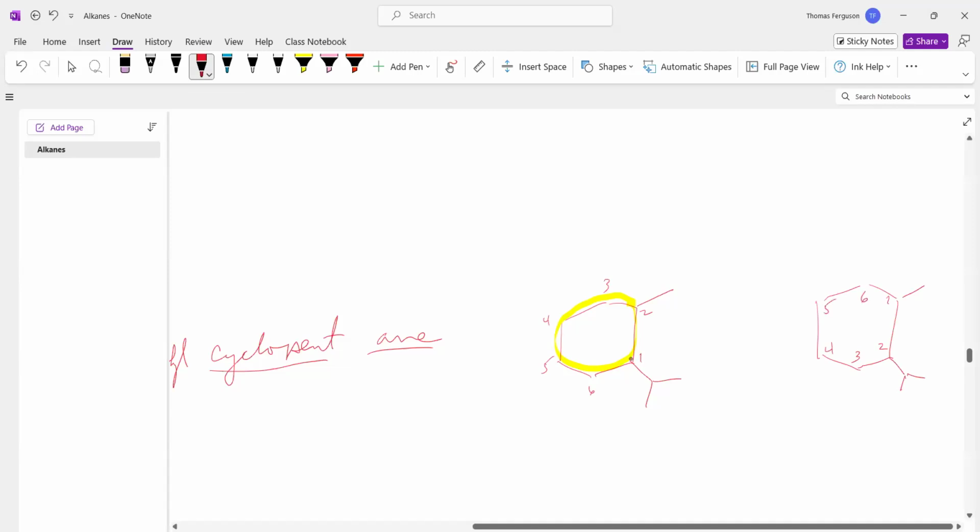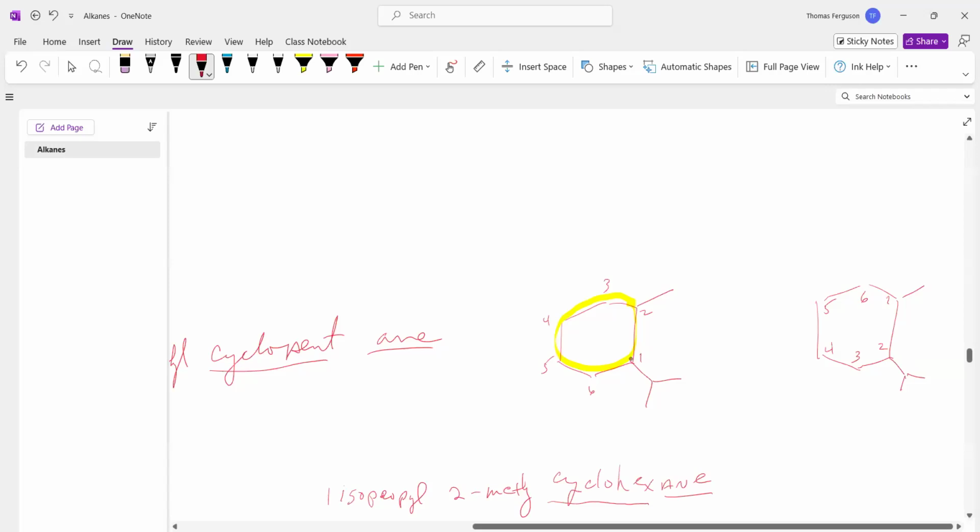So this is going to be cyclohexane, and we've got a branch at 1 and 2. Iso is lower than methyl, so it's going to be 1 isopropyl, 2 methyl.